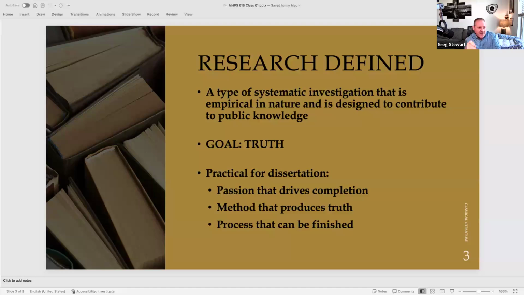So practical for dissertation, guys, you must pick a topic that drives you to completion. My suggestion is it's also going to come from your mission and vision, but it is something that you have experienced that you want to prove or know, that is just driving you crazy because you have a theory of what nobody else is seeing.